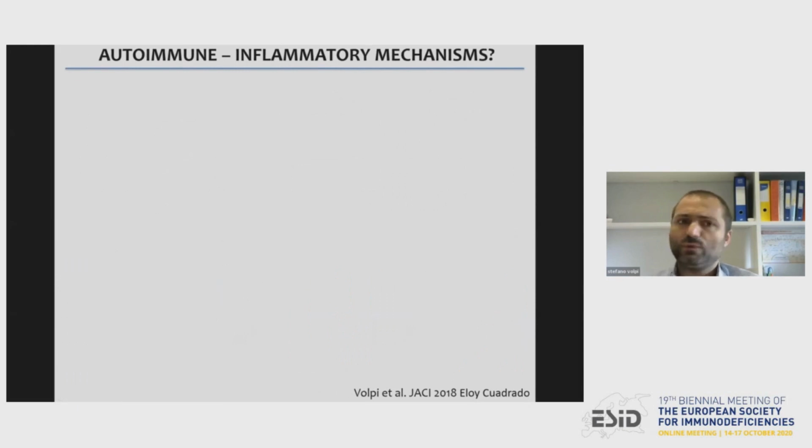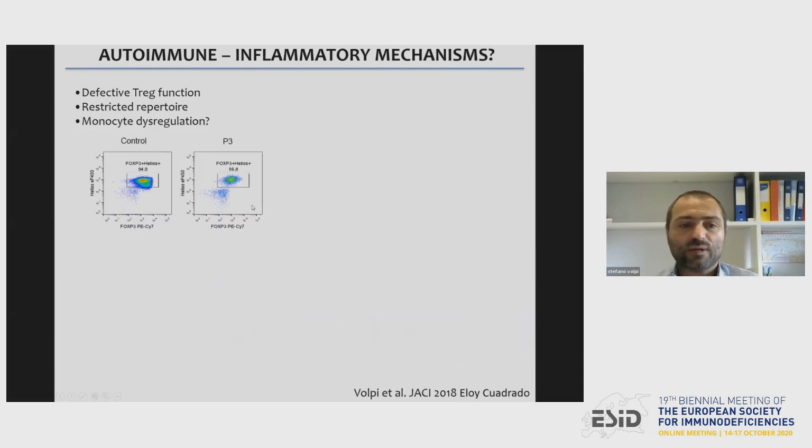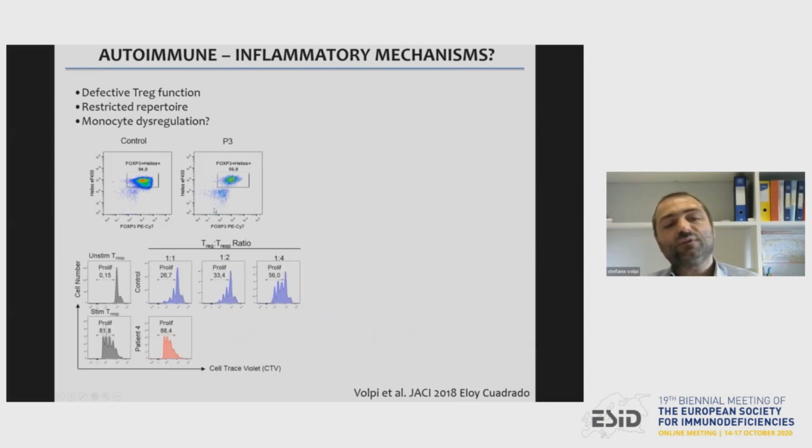Again, what we know about autoimmunity and inflammatory mechanisms. We know something about autoimmunity, so we know that there is a defective Treg function. We presented it in our report a couple of years ago, and this is work done by Eloy Quadrado in Taco Kuijpers' lab. There's probably a defect in expression of markers of the regulatory T cell, and there's a clear defect in function. Here you see responder cells unstimulated and stimulated, that they proliferate, so they dilute the dye from right to left.